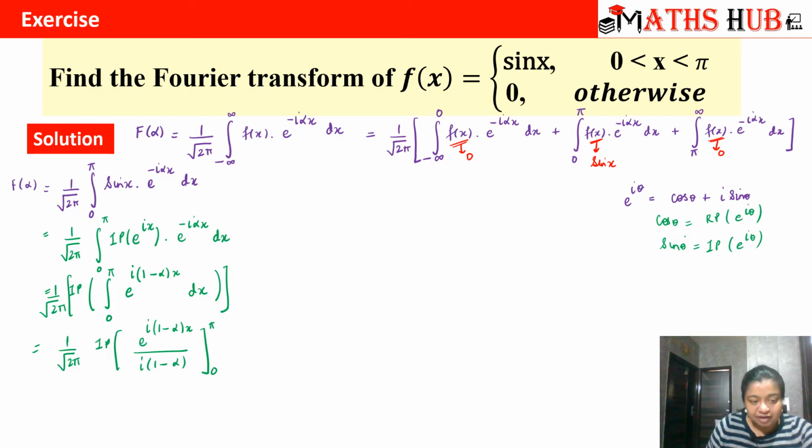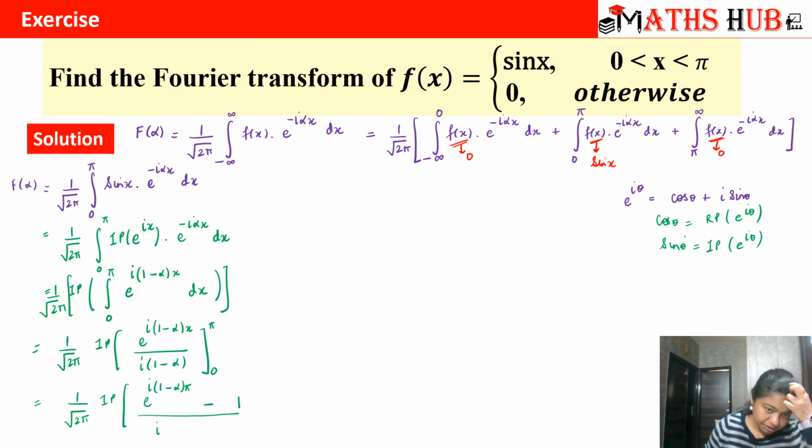Now when I put in the value of the limits, I will get 1 by under root 2 pi, imaginary part of, what do I get? e raised to power iota (1 minus alpha) times pi minus e to the power 0 is 1, divided by iota (1 minus alpha), right? So this can be further reduced to 1 by under root 2 pi (1 minus alpha).